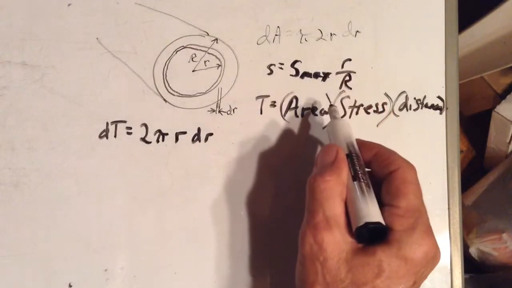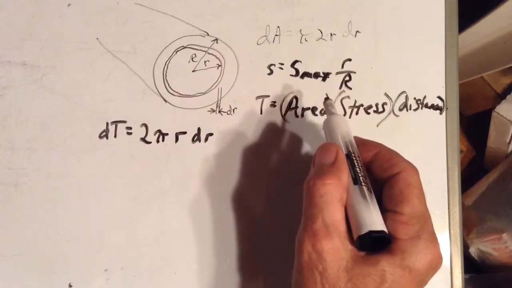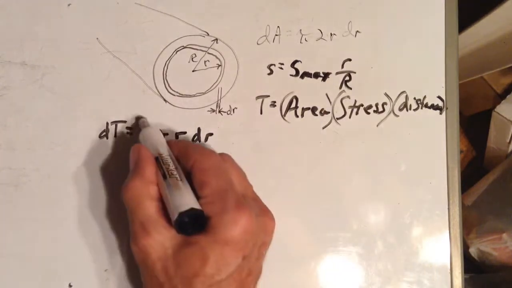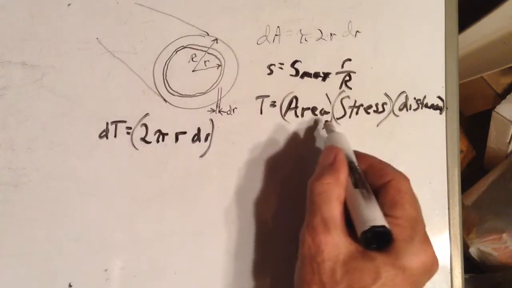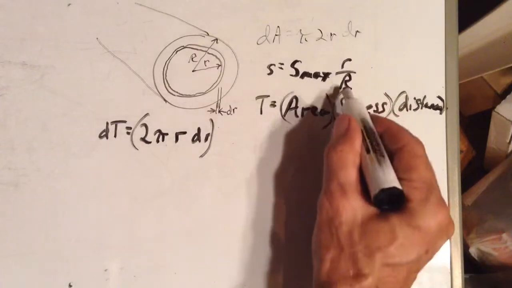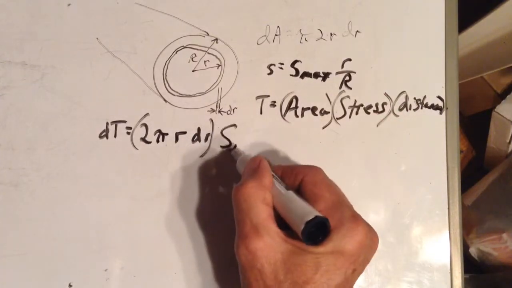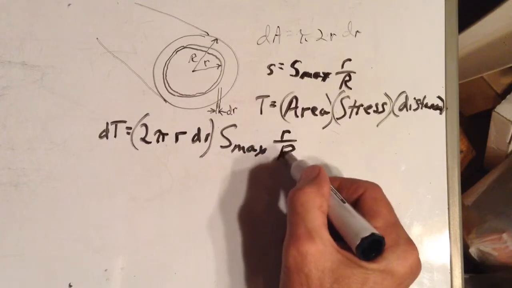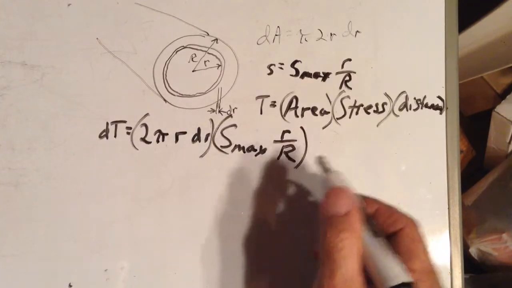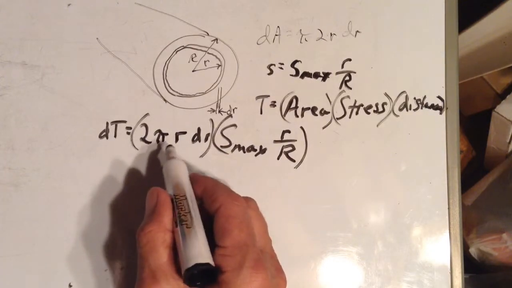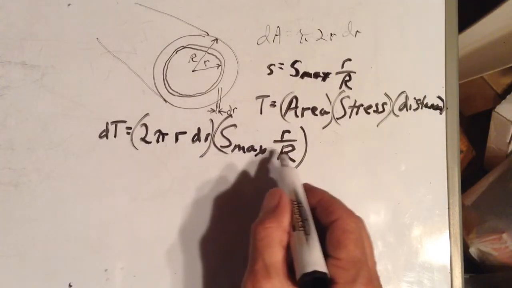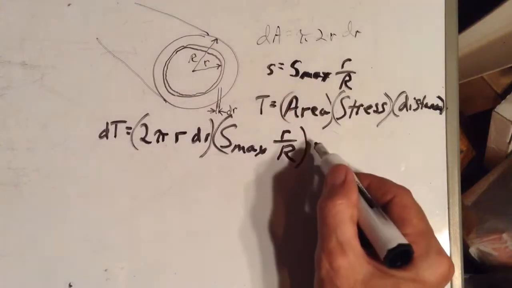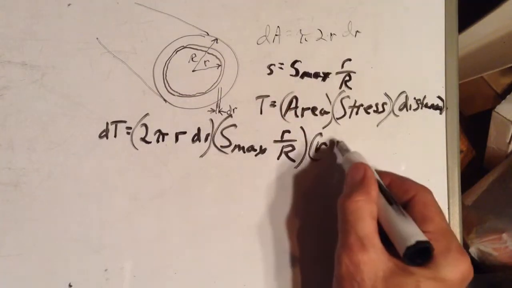Okay. Times our stress, which is S max times little r over capital R. Okay, there's our area, there's our stress at the sliver, and our distance from the center to the sliver is just plain old lowercase r.